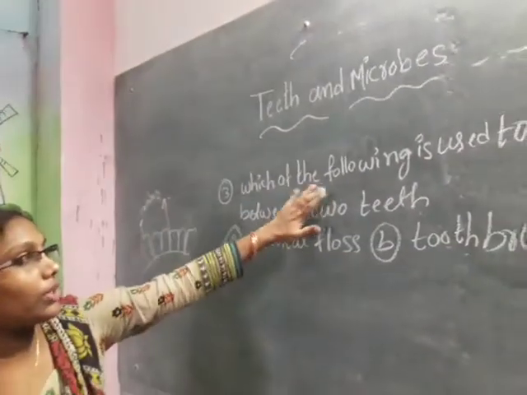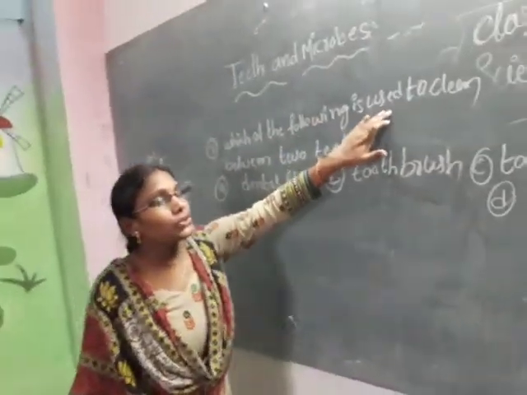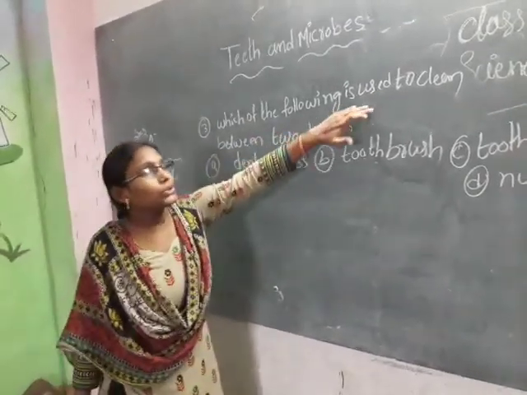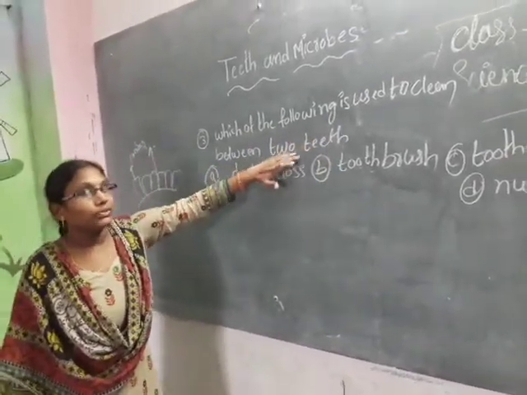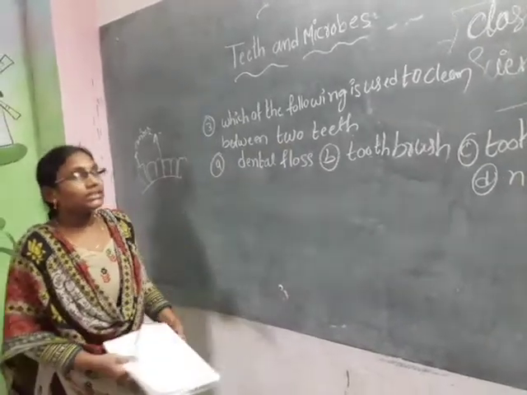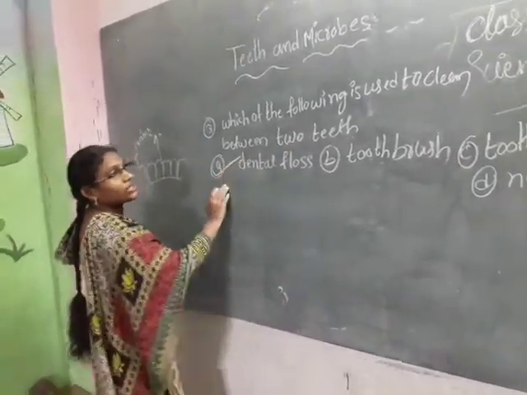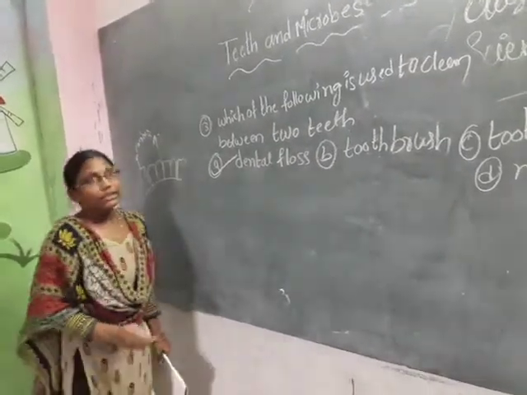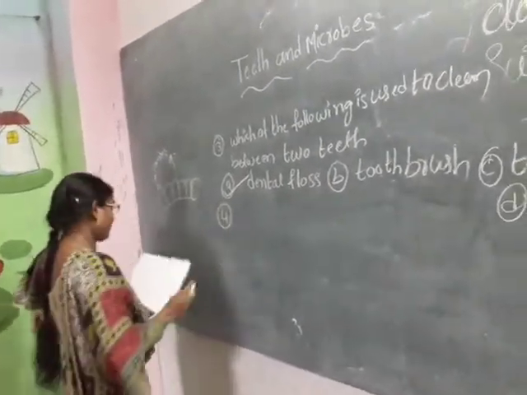Which one do we use to clean between two teeth? Dental floss. Dental floss is used to clean between two teeth. Okay. Next, fourth one.